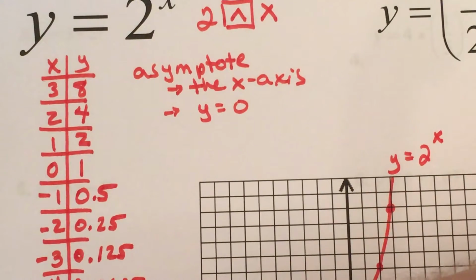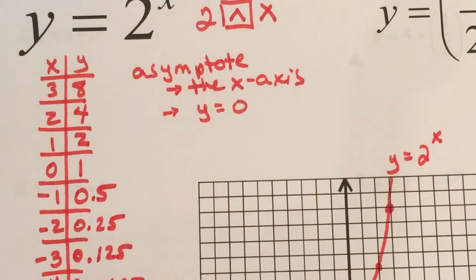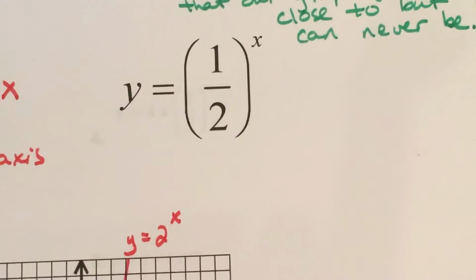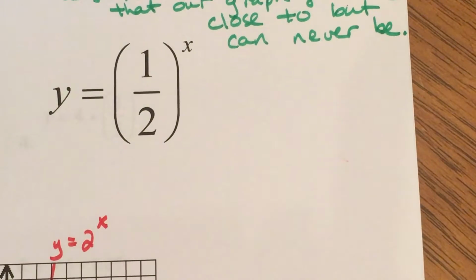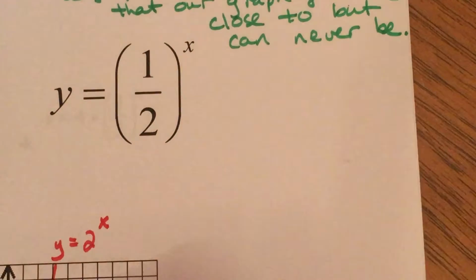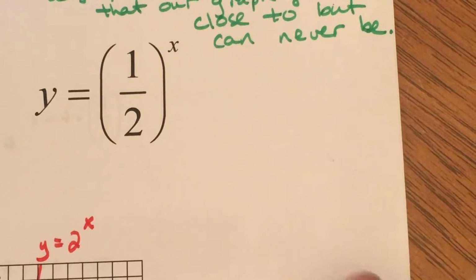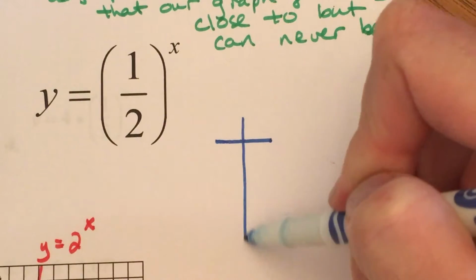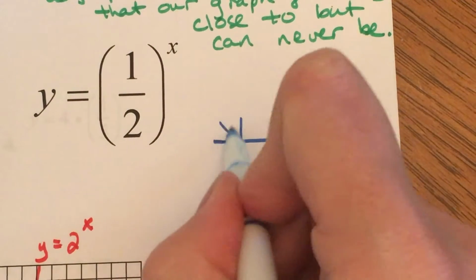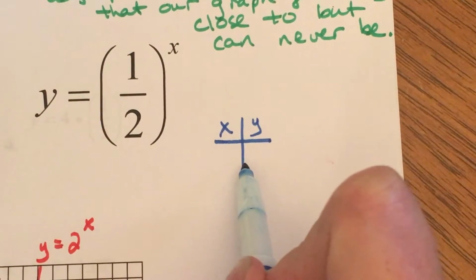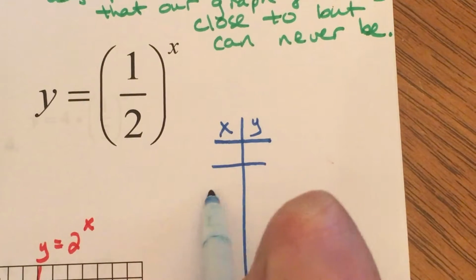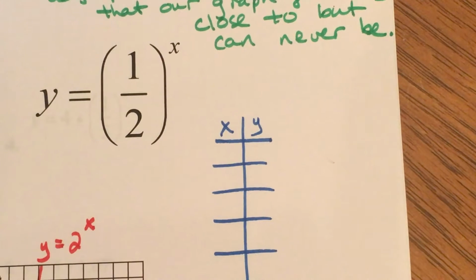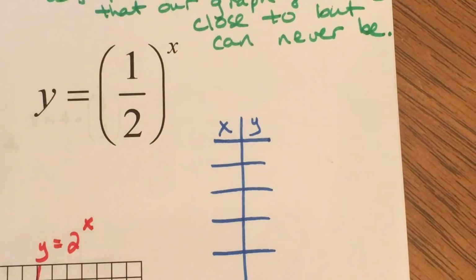All right, let's go try another one just to see how this is similar, but yet still kind of different at the same time. So again, I'm going to make a t-table, and I'll make it x and y with 10 spaces. 1, 2, 3, 4, 5, 6, 7, 8, 9, 10.